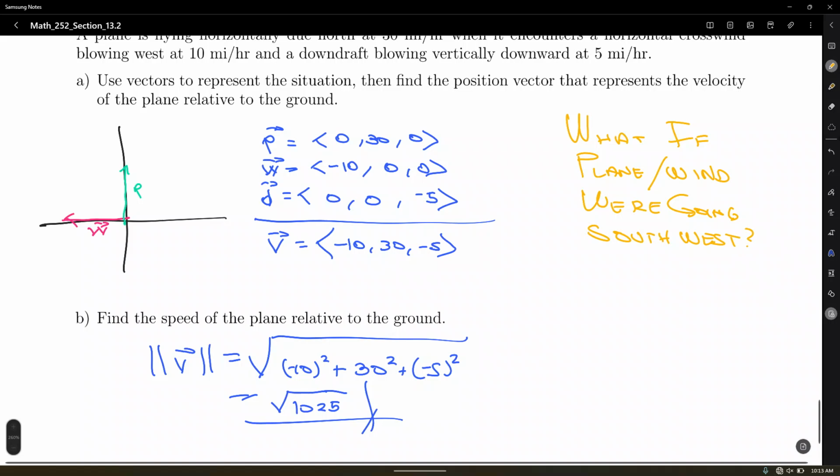We would need to figure out the angle that represents the southwest. Isn't this the direction of southwest? What's the angle related to southwest?